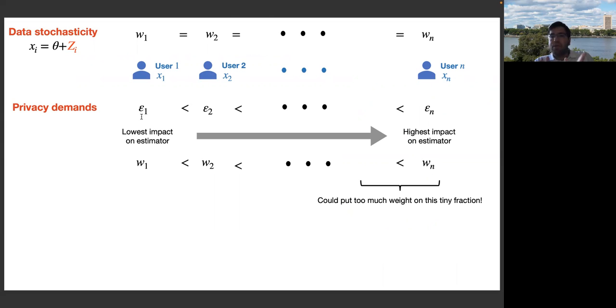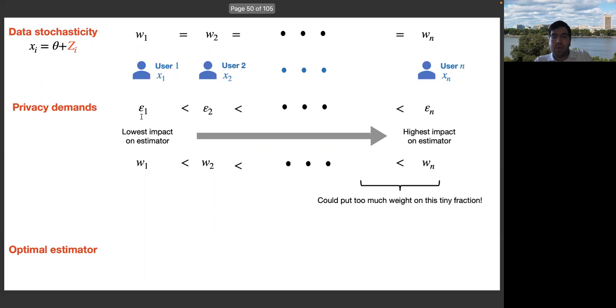And we have an example showing that this can be up to a square root of n suboptimal. And the reason is that increasing w_i proportional to epsilon_i could lead to putting too much weight on a tiny fraction of data. Roughly speaking, it's like you overfit on a tiny fraction of data from the users that probably do not demand that high privacy guarantees.